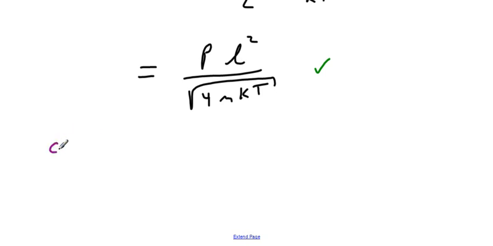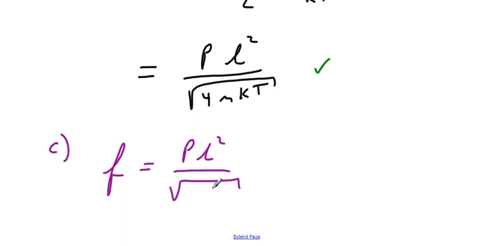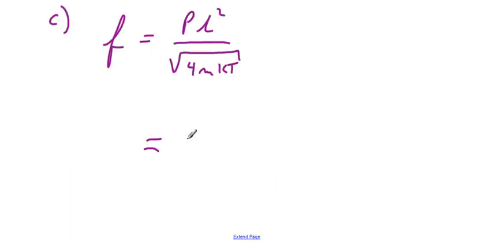Alright, so we want to do the C part of the question, and we know that the frequency is going to be PL squared over the square root of 4MKT, because we just got that from that guy there, so that's not a real issue. And so pressure at sea level would be 1 atmosphere, 1.0 times 10 to the 5th pascals, if I don't remember that, I could look in the front cover of my book to get it.